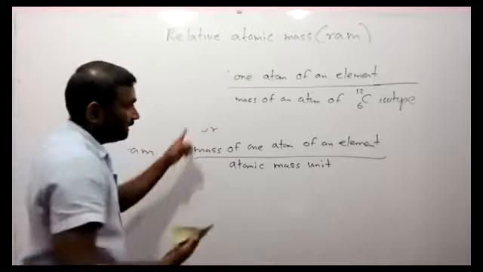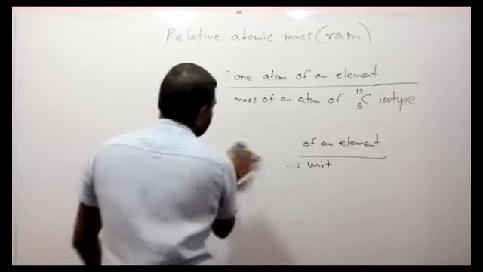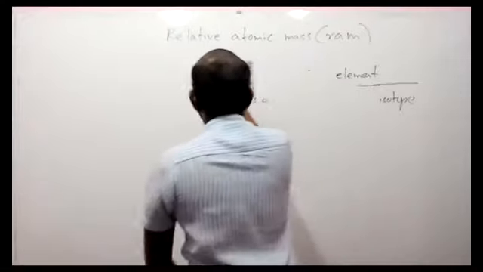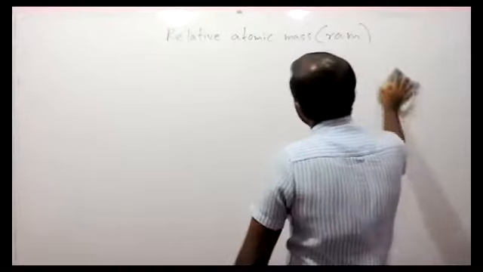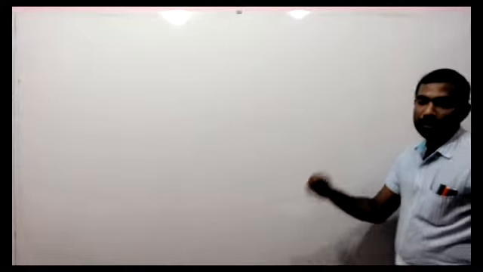After writing this, leave a rule, put a dot and write an equation to calculate the mass of one atom of an element. Right, now look at the board, children.